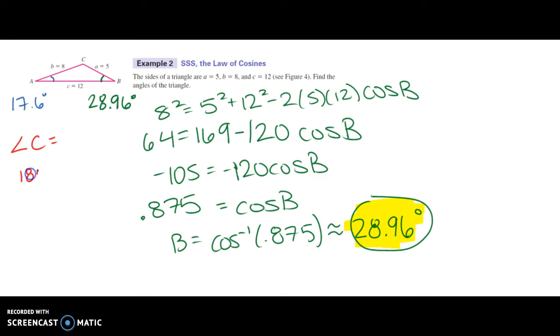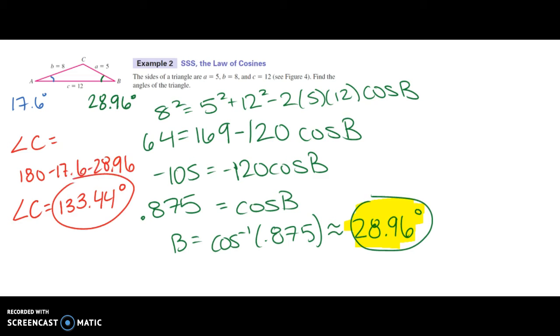You can subtract these from 180 to solve that last angle. And I got 133.44. And if you look, that looks reasonable because it is obtuse degrees. And I'm done. I solved all 3.